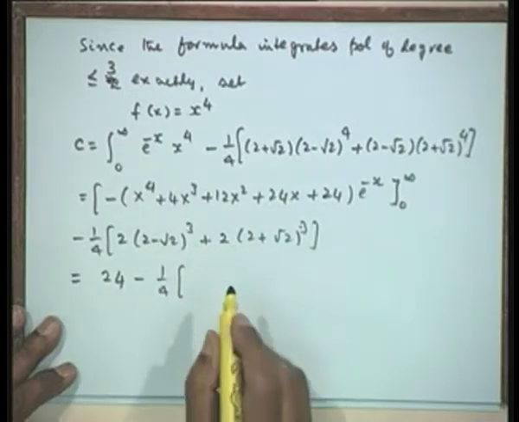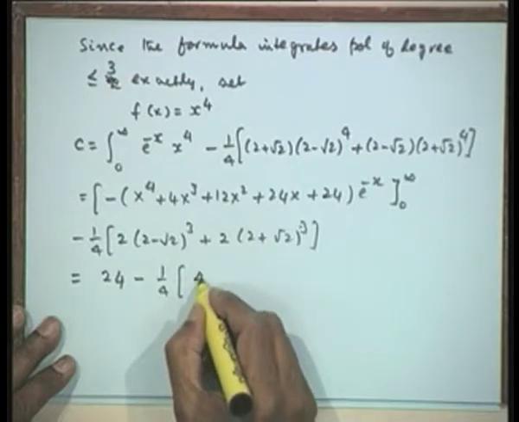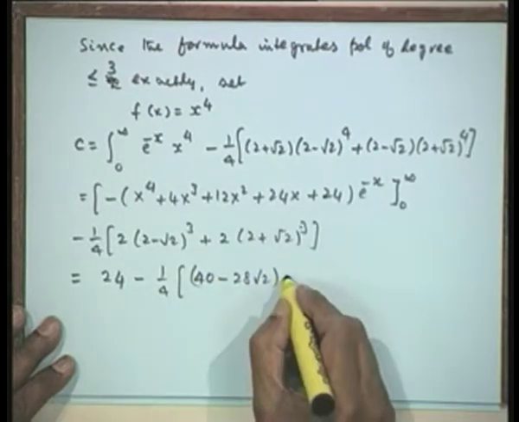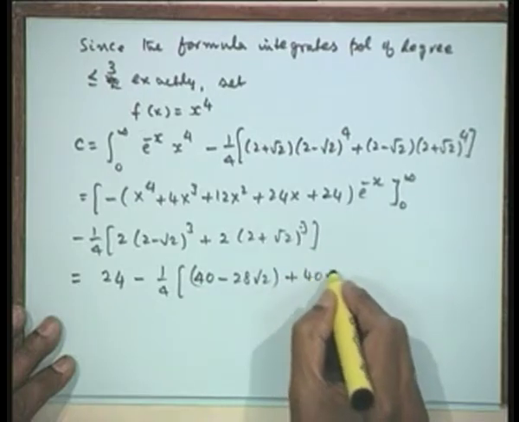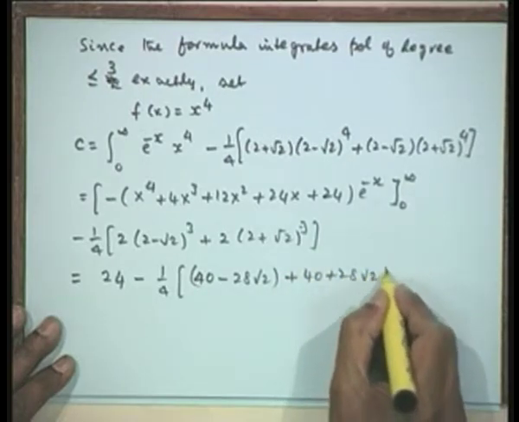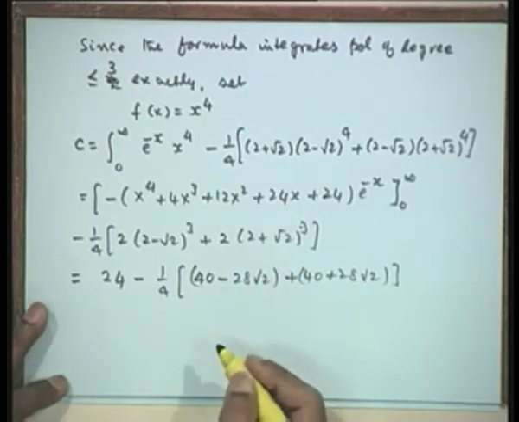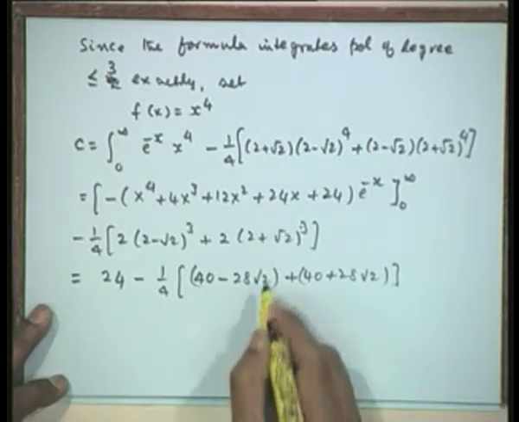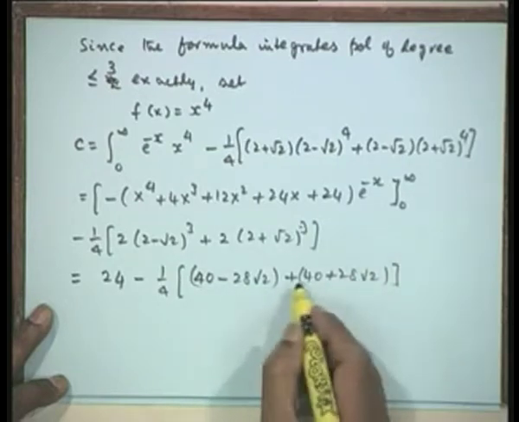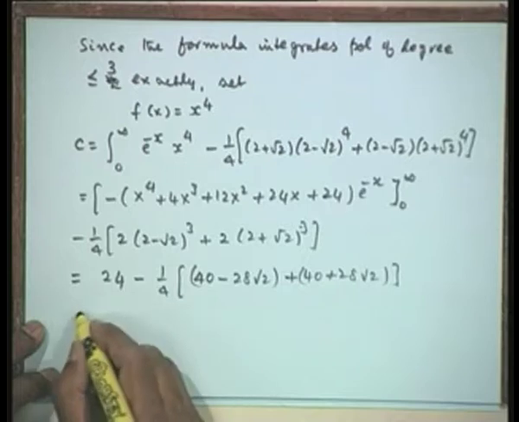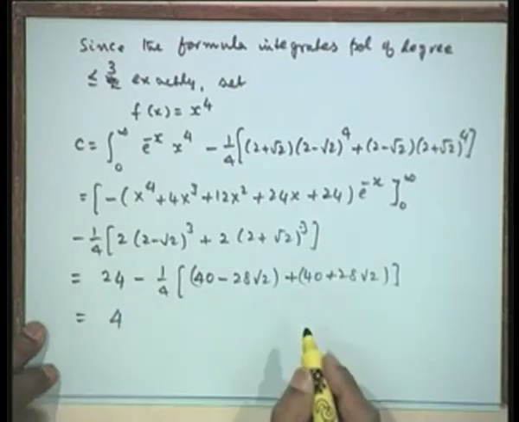I will give the value of this: this gives you 40 minus 28 root 2, and this will give me 40 plus 28 root 2. This is the expansion of this. Therefore, 28 root 2 cancels off, we will have 80 by 4, that is 20, and 24 minus 20 is simply equal to 4.